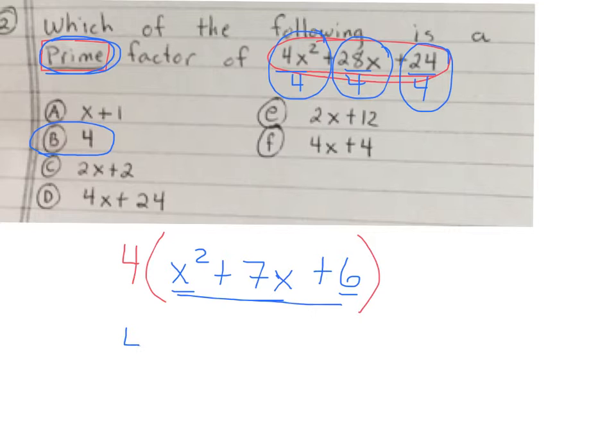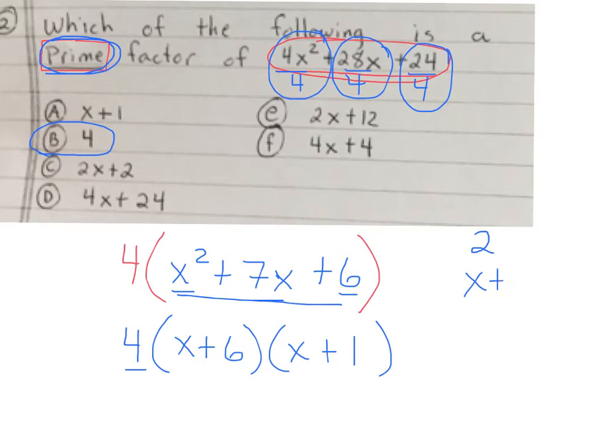So let's keep factoring. 4 times, and what's inside the parentheses here factors to be x plus 6 and x plus 1. So now let's list all the prime factors. 2 is a prime factor, right? Because 2 goes into 4, doesn't it? x plus 6 is a prime factor, and x plus 1 is a prime factor.